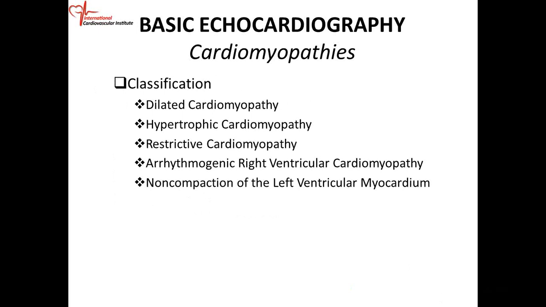Okay, and then non-compaction of the left ventricle, where the muscle layer did not develop properly. There's a lot of trabeculation and recesses, and you have a reduction in the ejection fraction as well. So those are the cardiomyopathies that we're going to look at.